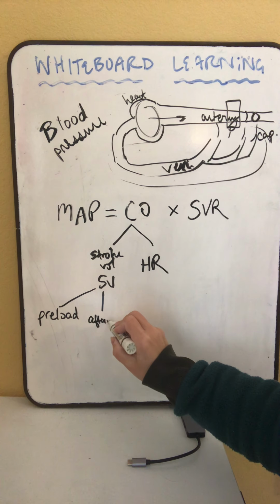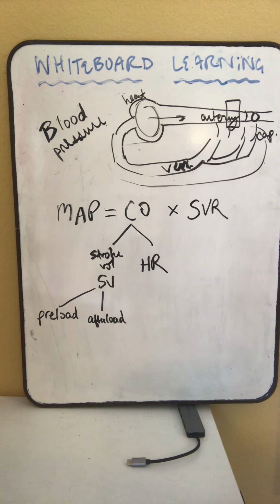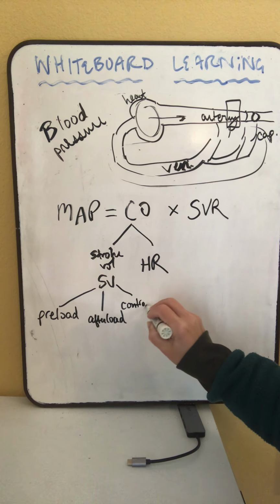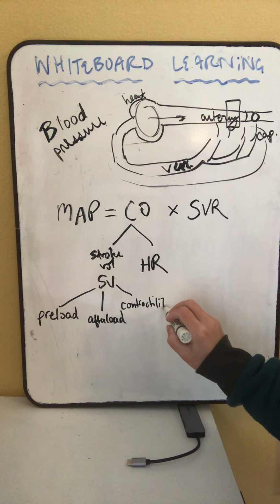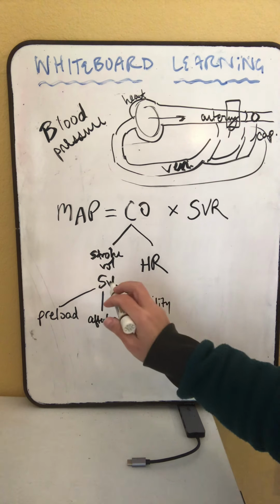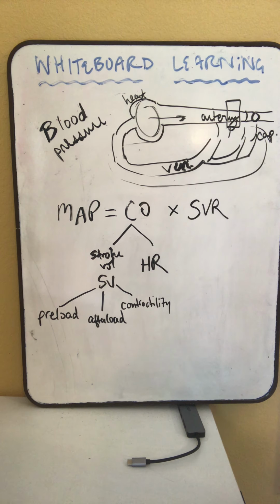We don't talk about it that much with low blood pressure, but you can talk about it a lot with high blood pressure. And then contractility, how well the heart can actually pump. Certainly if the heart can't pump very well, like with dilated cardiomyopathy or with sepsis, then you're not going to get very much volume ejected from the heart. So that makes sense for those things.